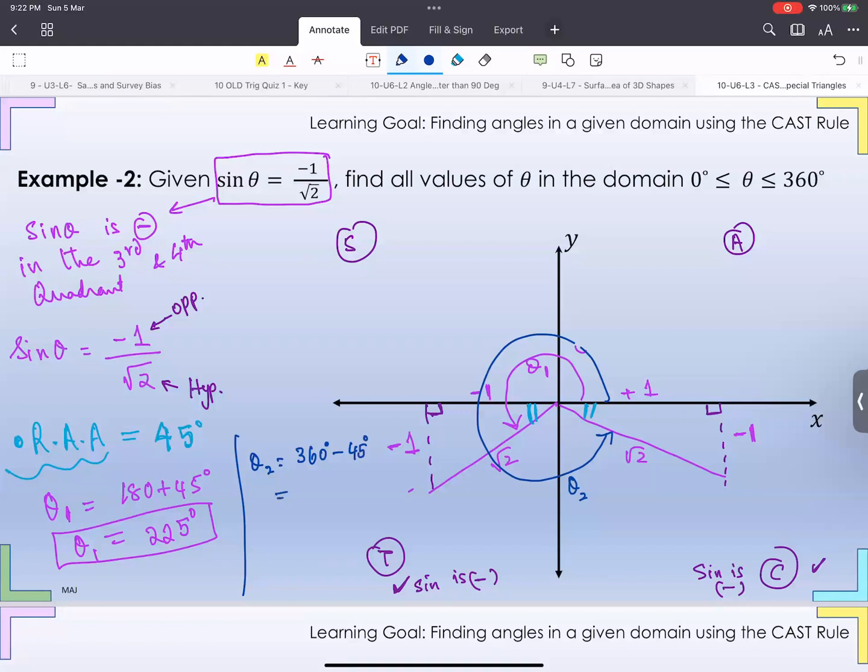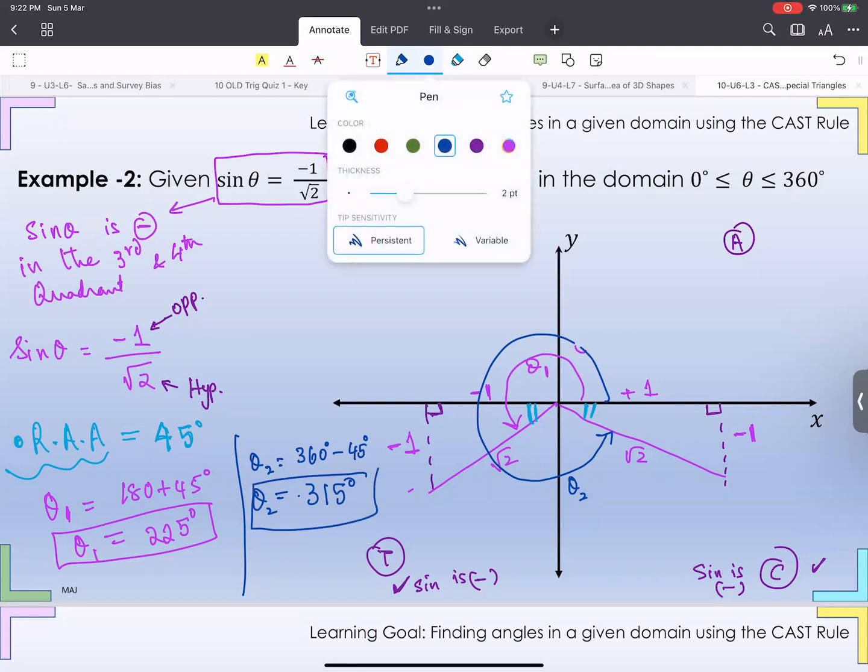Or you could also say 270 plus 45, because this is also 45. 360 take away 45 is 315 degrees.